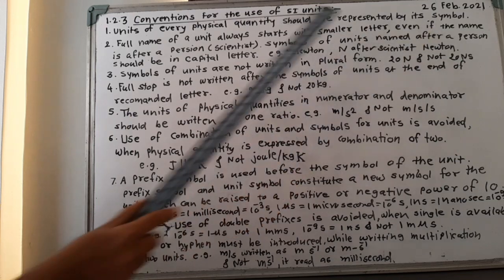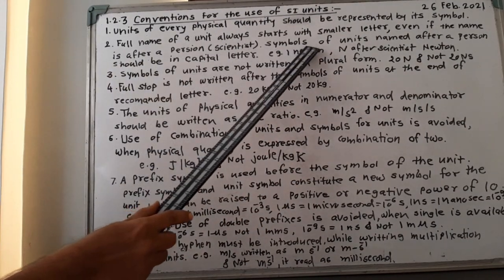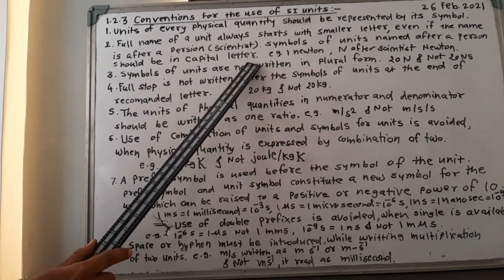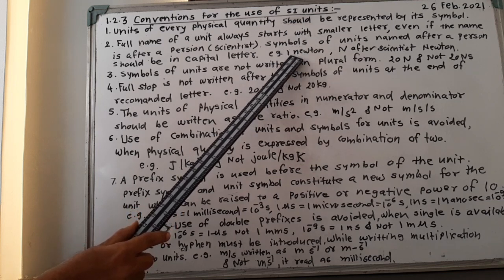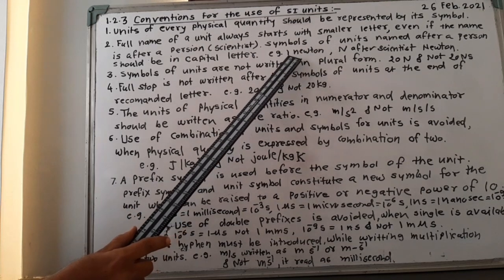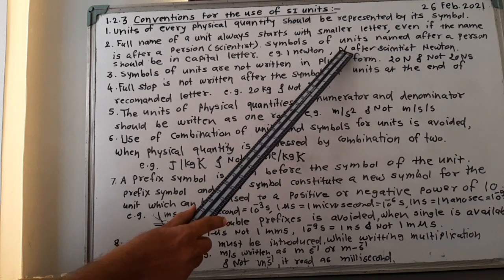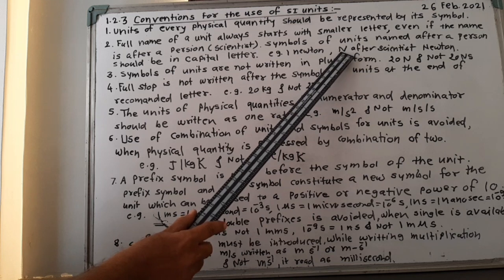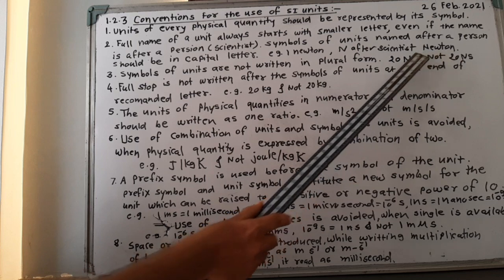Even if the name is after a person or scientist, the symbol of the unit named after a person should be written in capital letter. Here, for example, if you want to write the unit of force, 1 newton, we write N as a capital letter, after the scientist Newton.